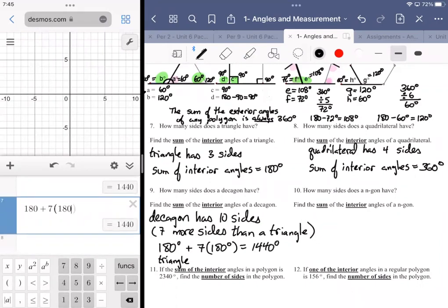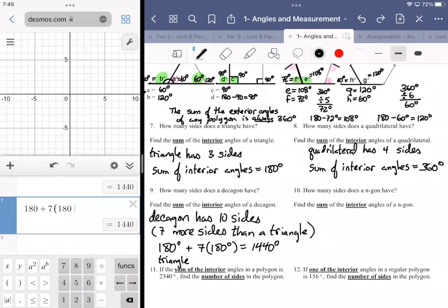Now, if I tell you to do that for a 37-sided figure, you're like, okay, this doesn't sound like much fun, but there is a relationship. When I said that there's 7 more sides than a triangle, there is something to that, right?